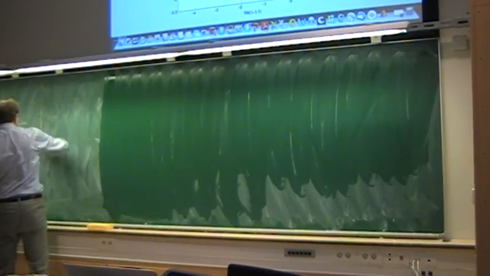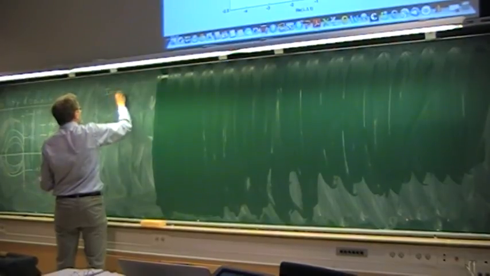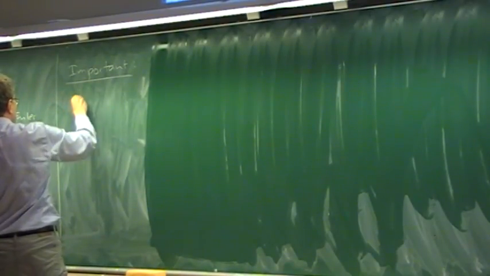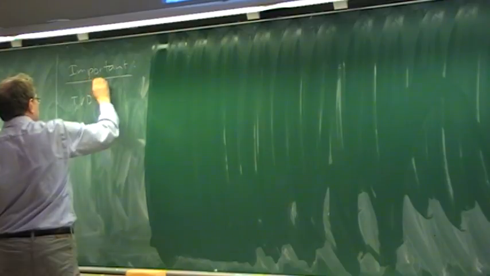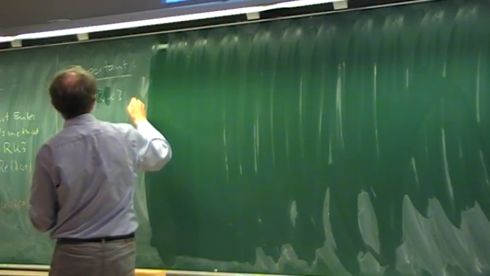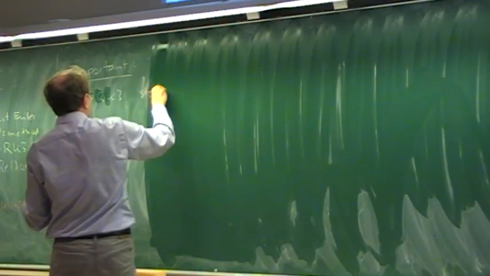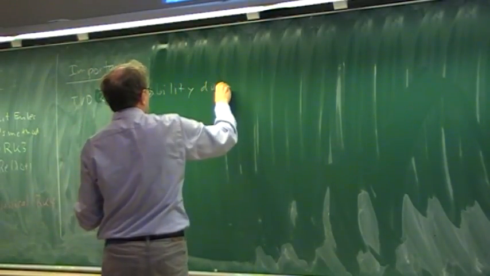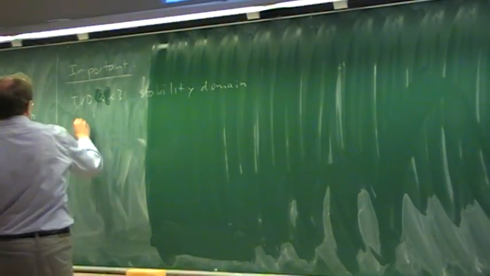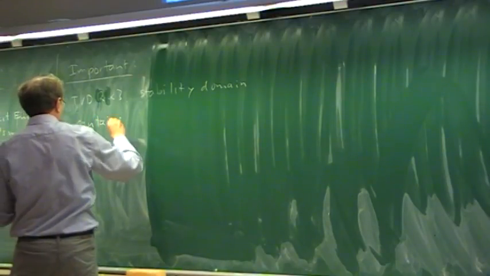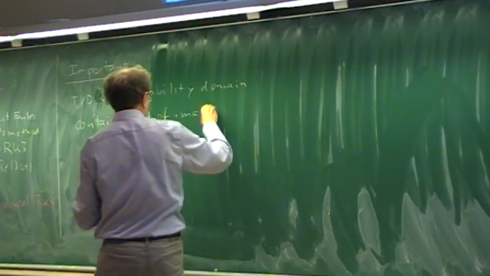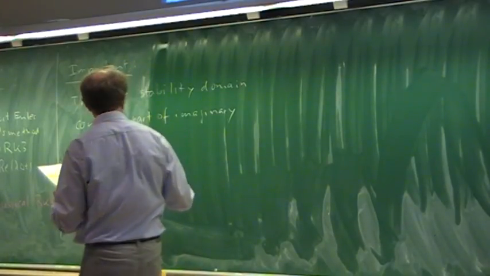So the important fact that we have here is that the stability domain of the TVD Runge-Kutta third order method, RK3, contains part of the imaginary axis, which neither explicit Euler nor Heun's method do.